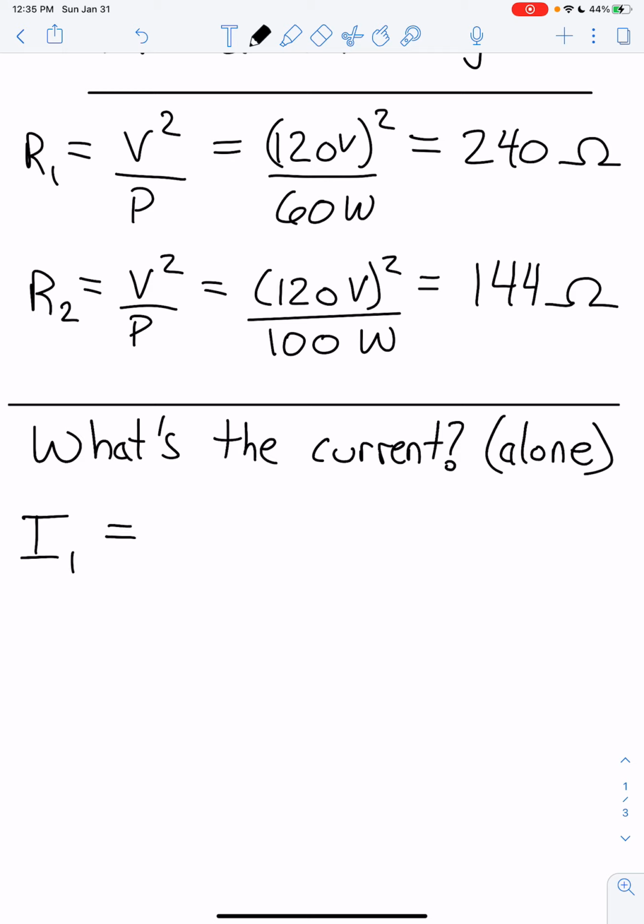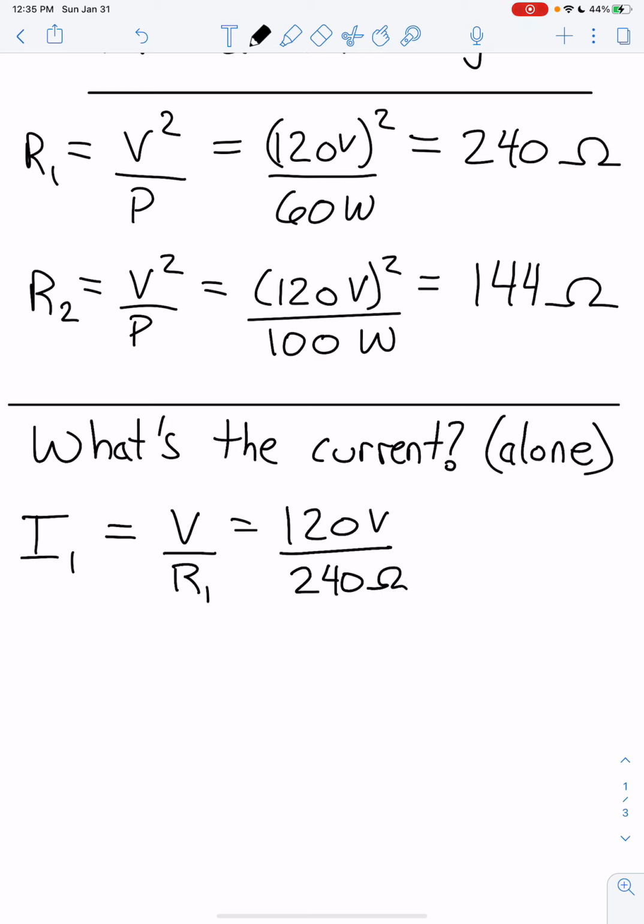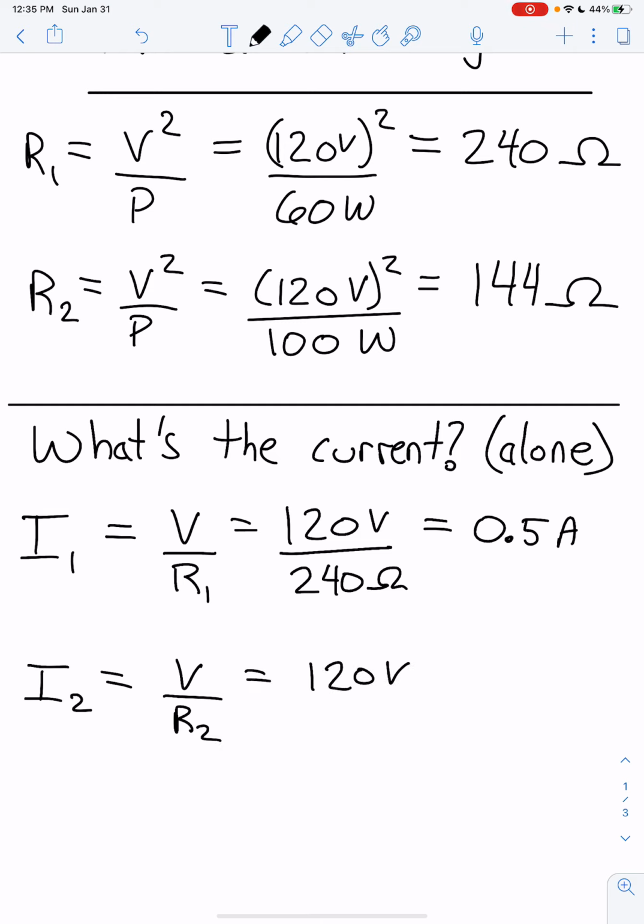So the current through that first light bulb is V over R, and we know that V is 120 volts, and the R is, and we'll just make that very clear, that's the first one, 240 ohms, and so we have 0.5 amps of current. And then we do this again for the second light bulb, V over R2, so we have 120 volts over 144 ohms, and we get a current of 0.83 amps.